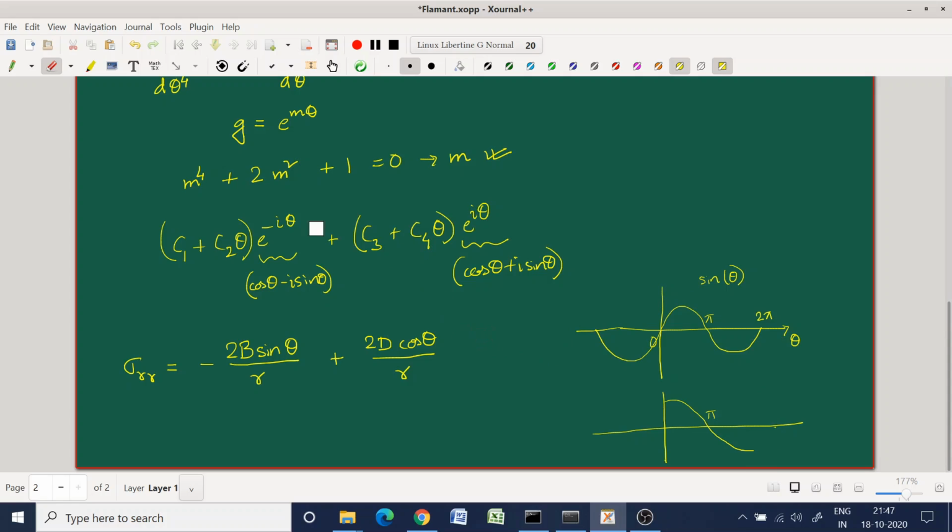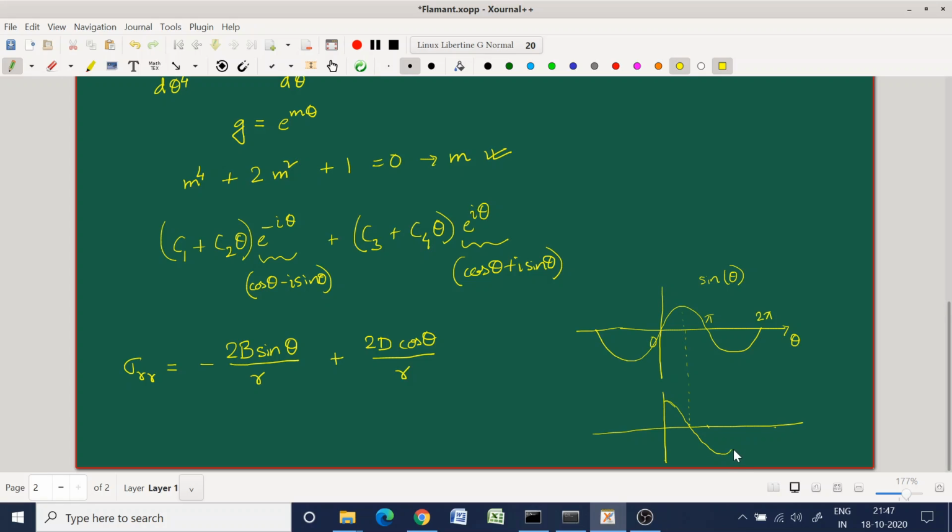I think I made a mistake. Let me be consistent with this. So at 0, cos theta is 1. At pi by 2, it is 0. At pi it is minus 1.